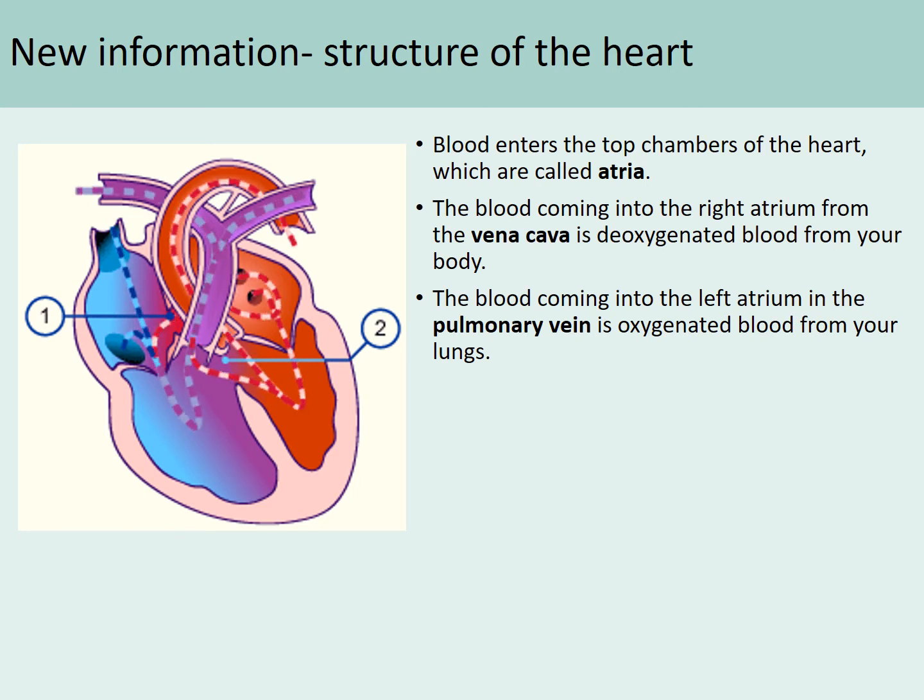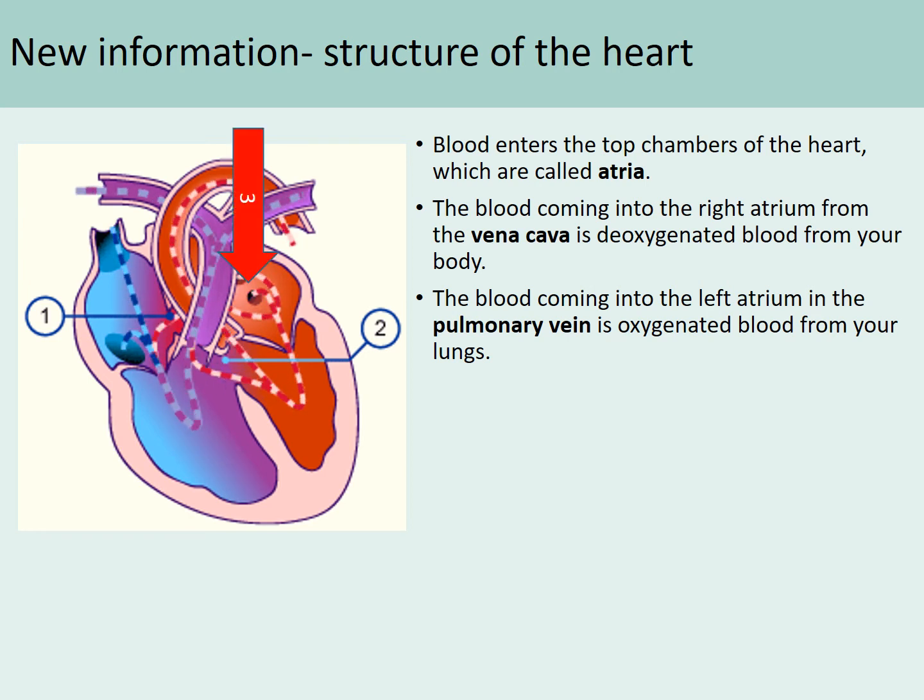So the next point is the blood coming into the left atrium is from the pulmonary vein, and that has been oxygenated. So again, we're talking about the top chambers, the atria. We've got the blood that has picked up oxygen, come back to the heart. It goes into the left atrium.